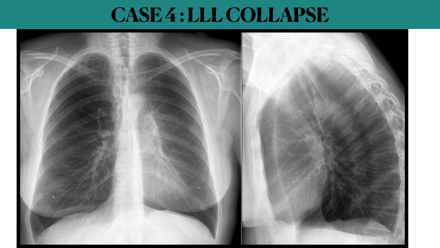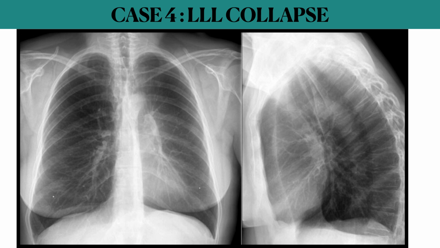Then in this case, we see that the oblique fissure moves posteriorly and medially. The medial displacement and rotation of the fissure causes a triangular density, which is superimposed over the heart.